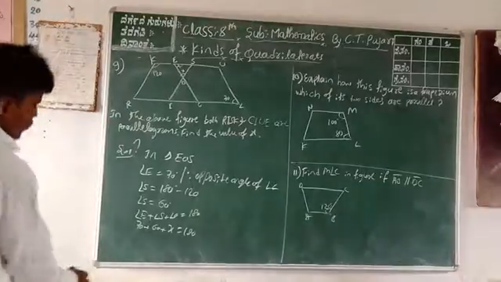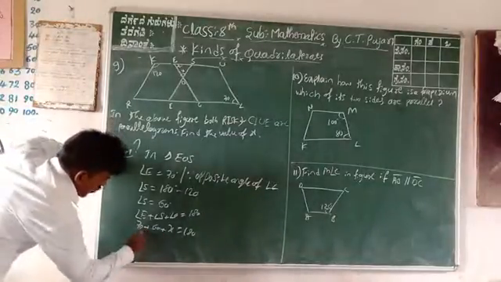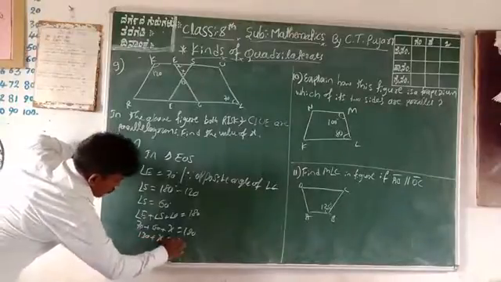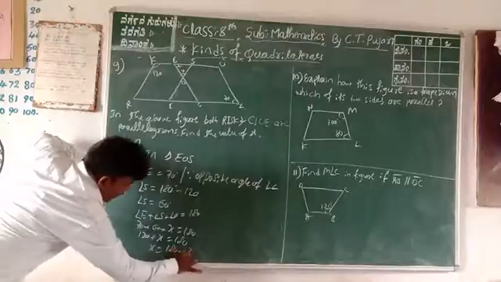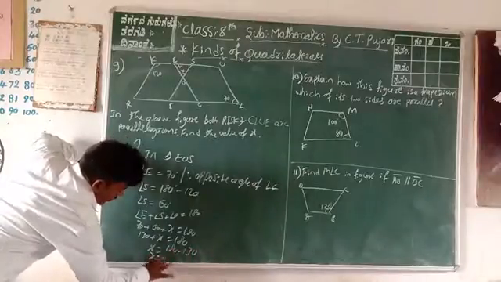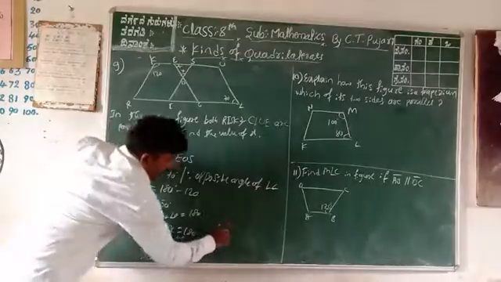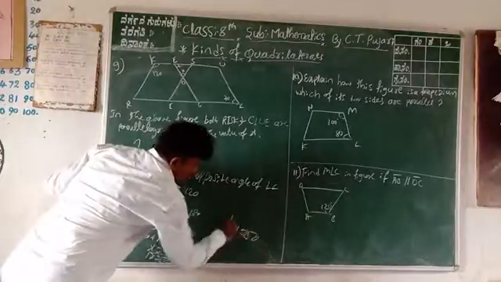Therefore, these two, 70 plus 60 is 130, plus x is equal to 180 degrees. Therefore, x is equal to 180 degrees minus 130. Therefore, x is equal to only 50 degrees. Therefore, x value is 50 degrees.